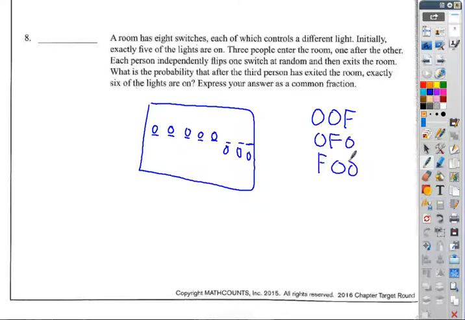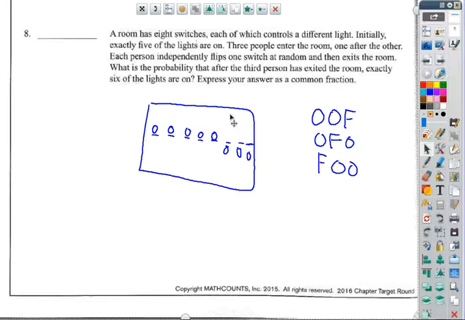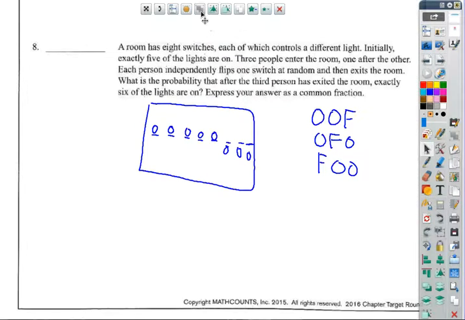From there, what we want to do is find the amount of ways that these could happen. So let's move this diagram off to the side really quick.